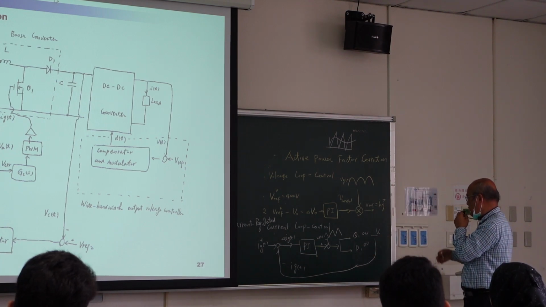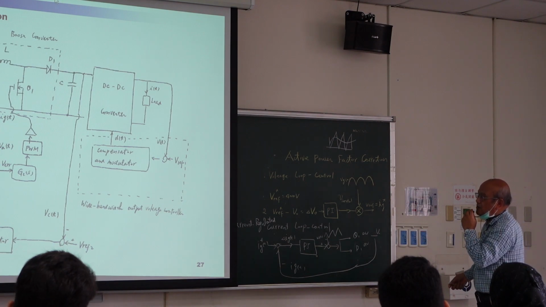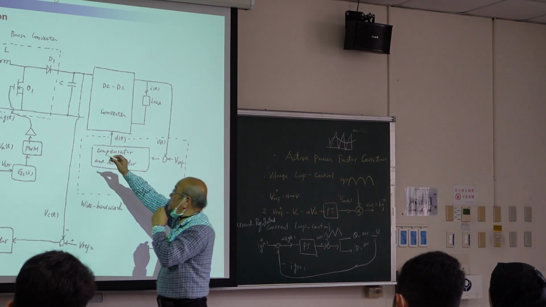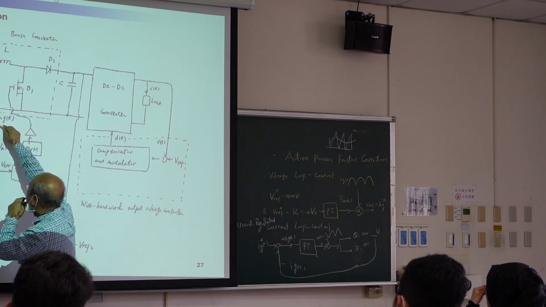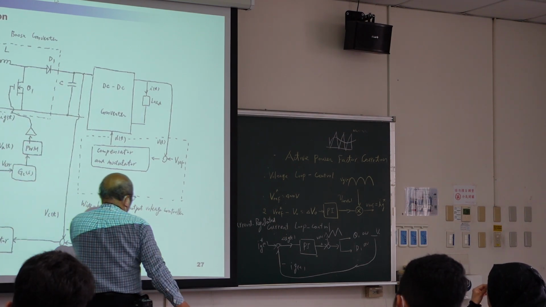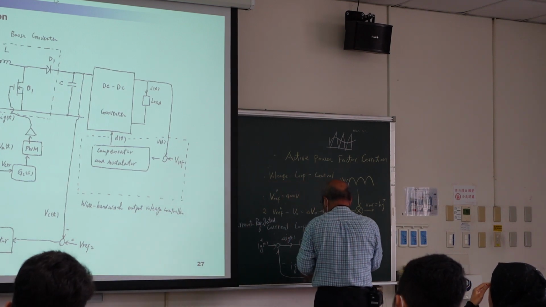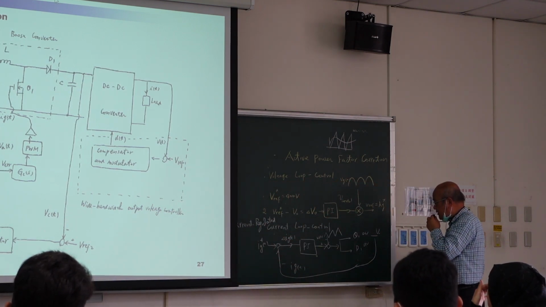So we have current IG star. So you can see we can turn on Q1 or turn on D1, and then we can change the current. And then the current feedback. So we call this current regulated.